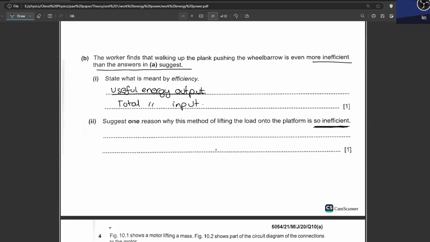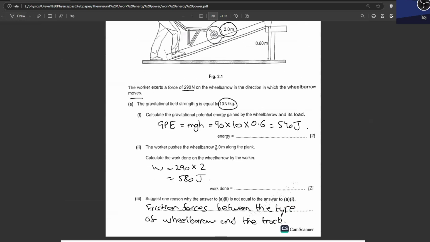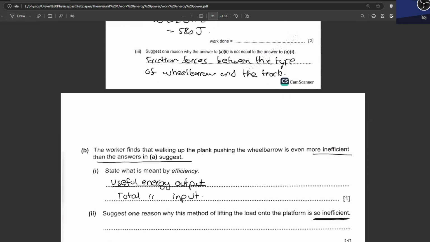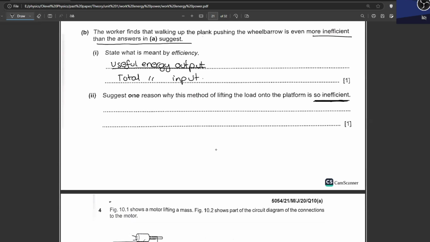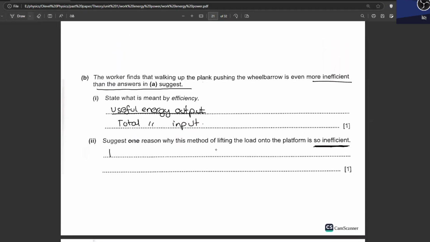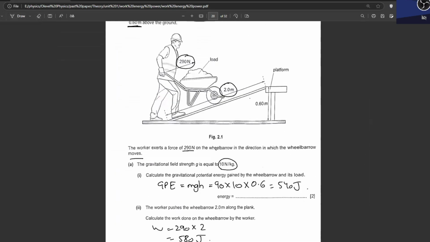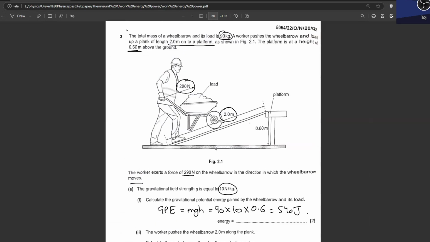Suggest one reason why this method of lifting the load onto the platform is so inefficient. Why is this method of lifting the wheelbarrow up the platform so inefficient? Because we haven't considered the mass of the person as well. We have just considered the gain in the gravitational potential energy of the wheelbarrow and its contents.